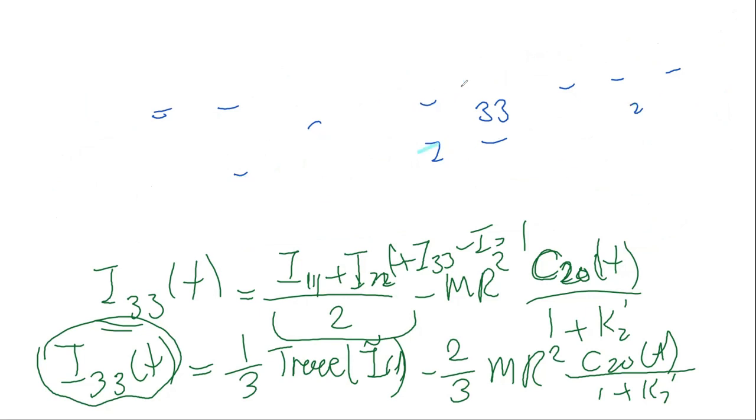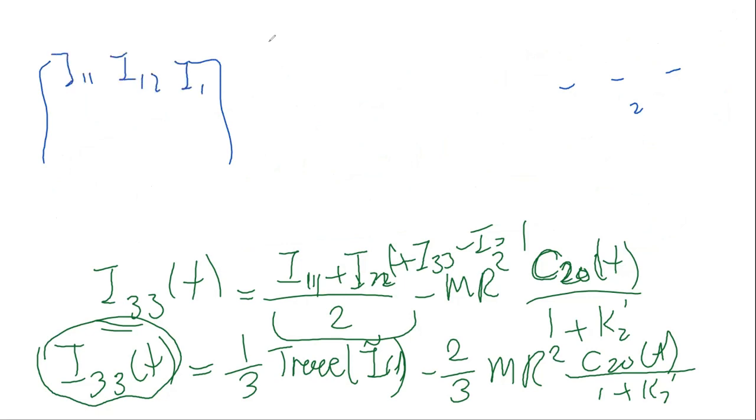Let me write the full tensor for you so you understand what I mean: I11, I12, I13, I12, I22, I23, I13, I23, and I33.